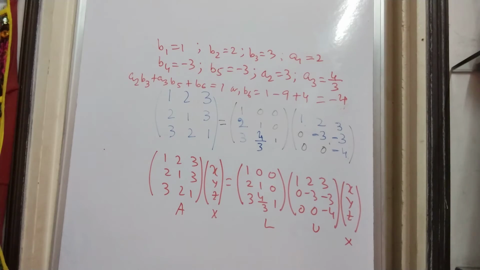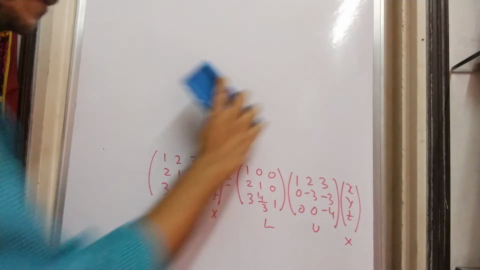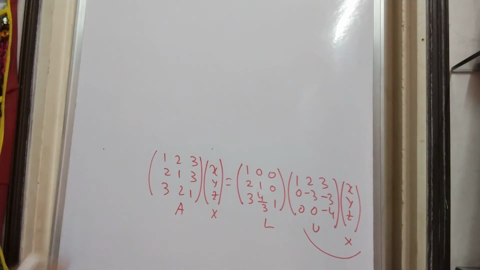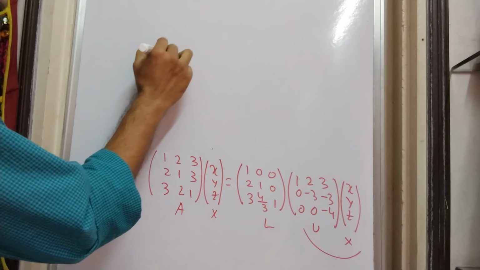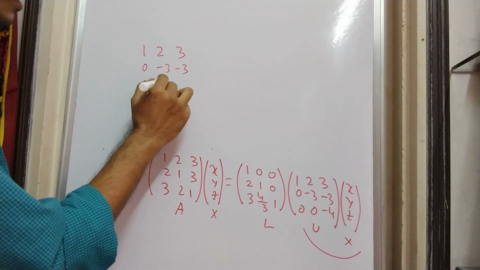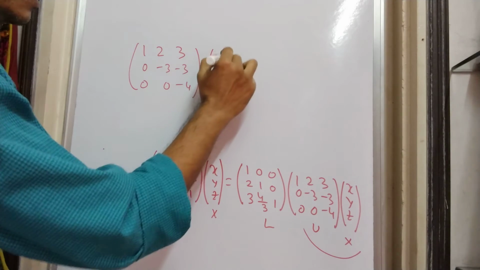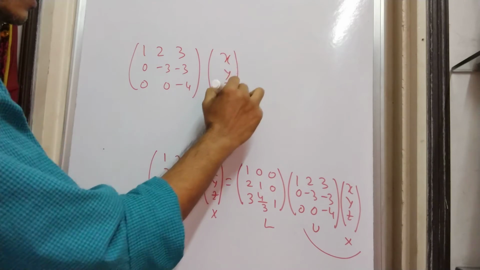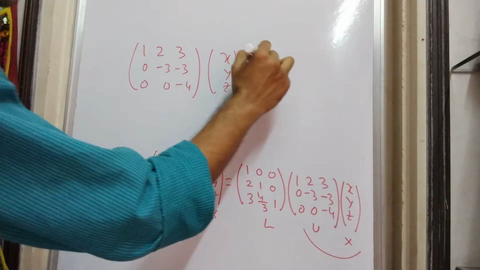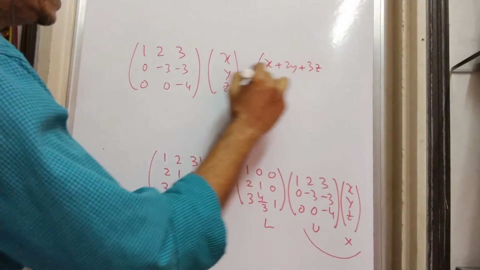Now we may easily express this part U into X part as a column matrix, and it will become x plus 2y plus 3z.